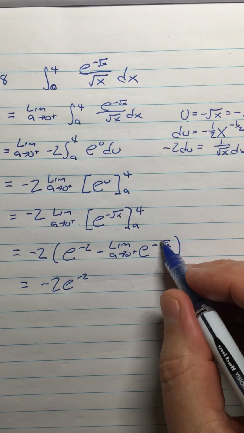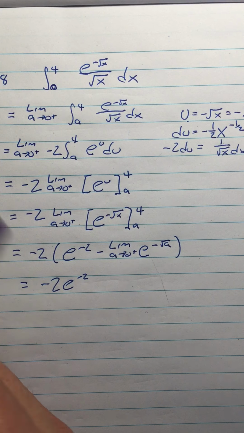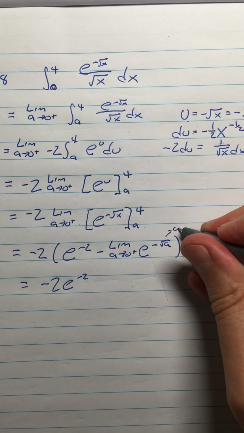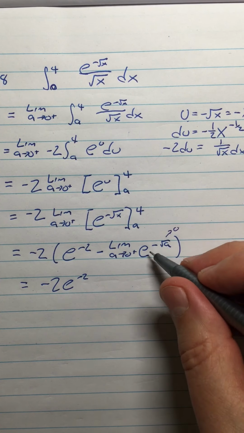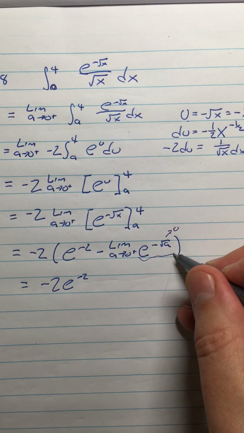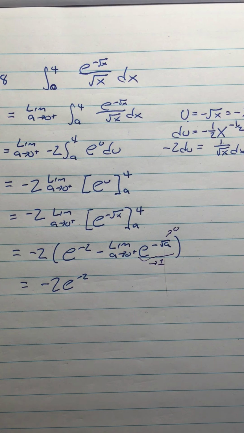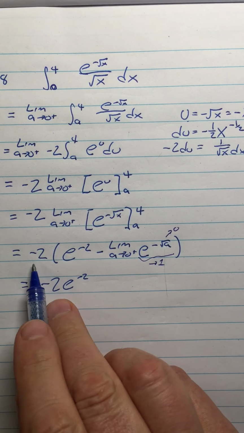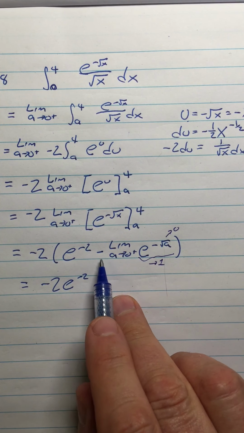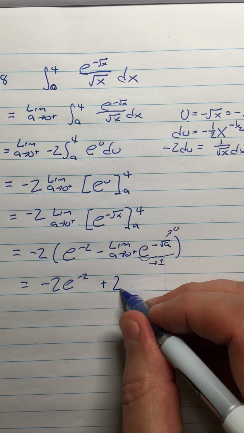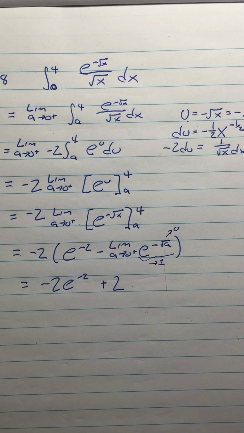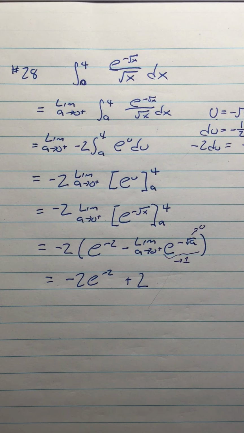So that means the square root of a is approaching 0, right? Sometimes we'll note little bits of it like a is approaching square root of 0. Therefore, my e to the negative square root a is approaching e to the 0, so it's approaching 1. Right? So when I distribute the negative 2 times the negative 1, I'm going to get plus 2. Yeah. That's what that is. That's what that area is.